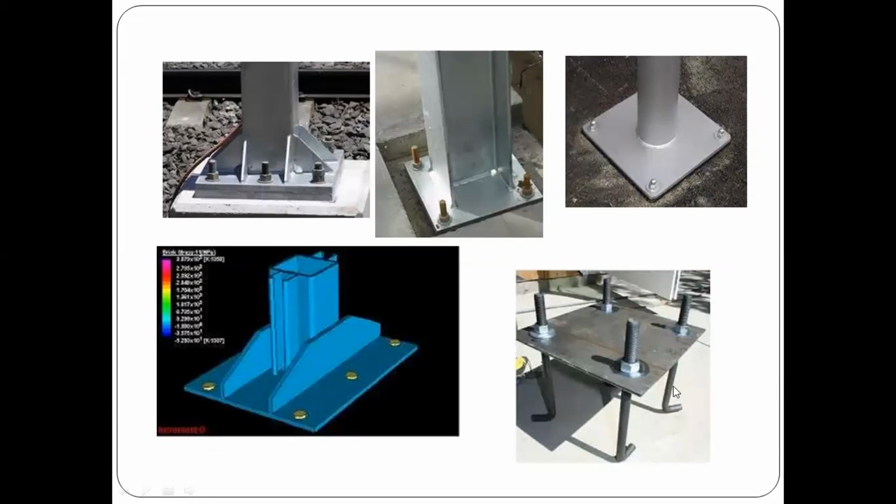This is not a slab base, it is only a template to keep all these 4 anchorage bolts at one position without any disturbance. After casting, when the concrete is fixed, we can remove the template and fix the original base plate on top of the threaded part.